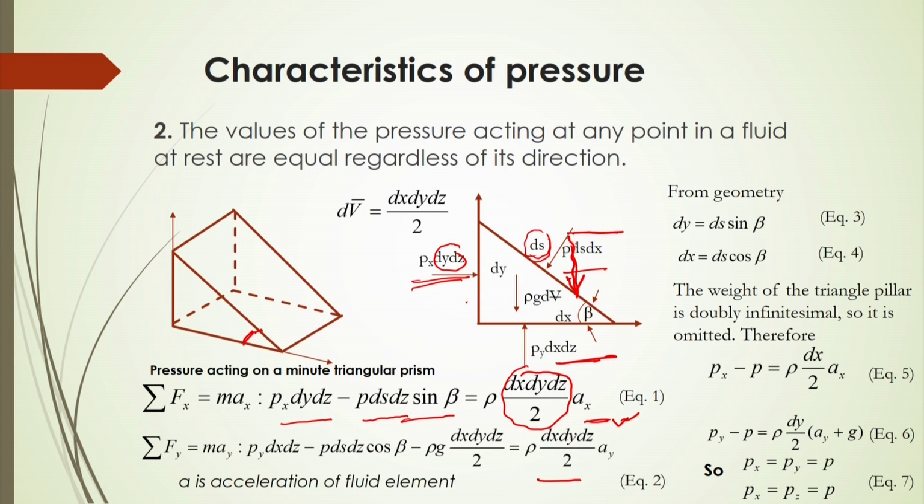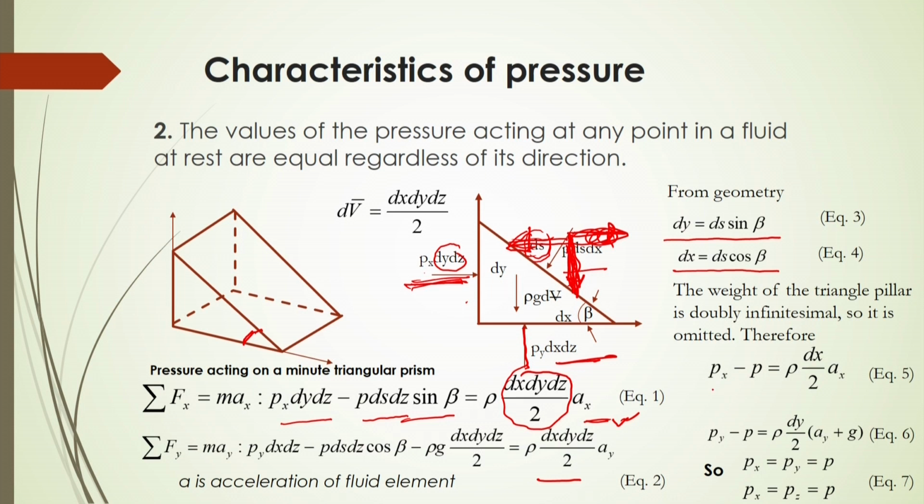So, here it is in the y direction, and earlier that was the x direction. The x directional force balance will have P x dy dz minus the inclined surface force acting in this direction. From the geometry we also have dy equal to ds into sin beta and dx equal to ds into cos beta.